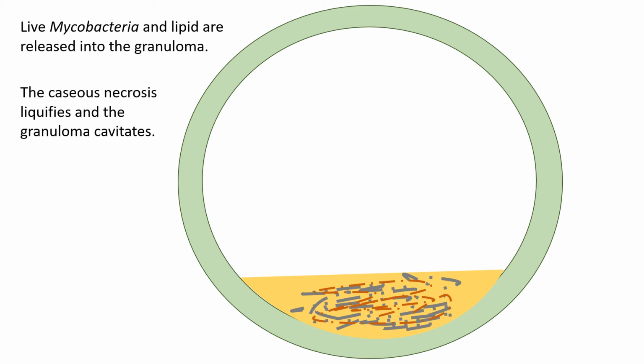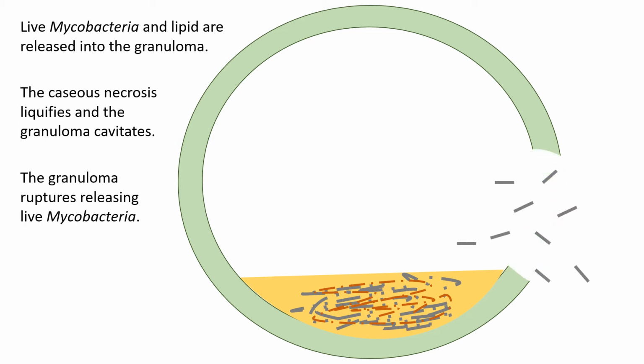When it liquefies, of course, it drops to the bottom of the granuloma and cavitates the granuloma. The granuloma becomes hollow. The granuloma then ruptures, releasing live mycobacteria, certainly into the surrounding environment, in other words, the lungs, but also potentially into the circulation.